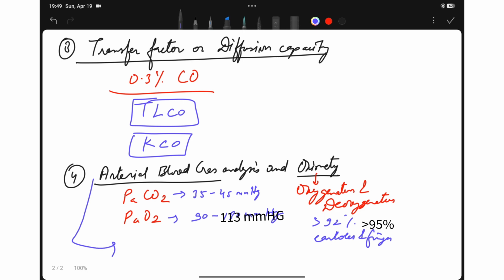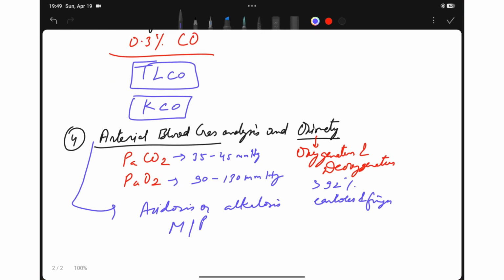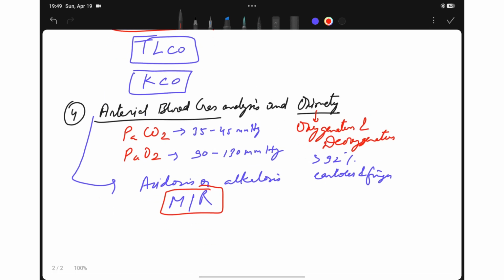It generally tells about alkalosis or acidosis, whether I will be suffering from acidosis or alkalosis, and the component is either metabolic or respiratory. So, from the blood gas analysis, we come to know about metabolic alkalosis or metabolic acidosis or respiratory alkalosis or respiratory acidosis, as well as oxygenation and deoxygenation.